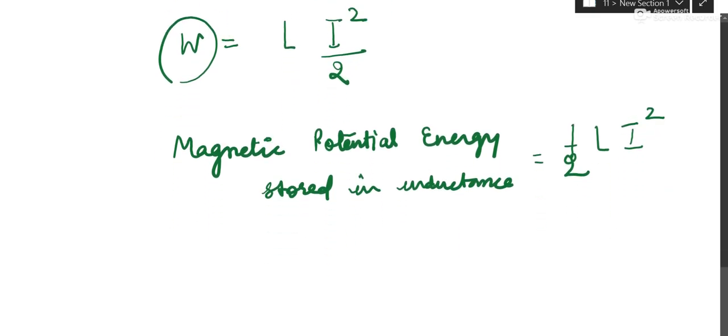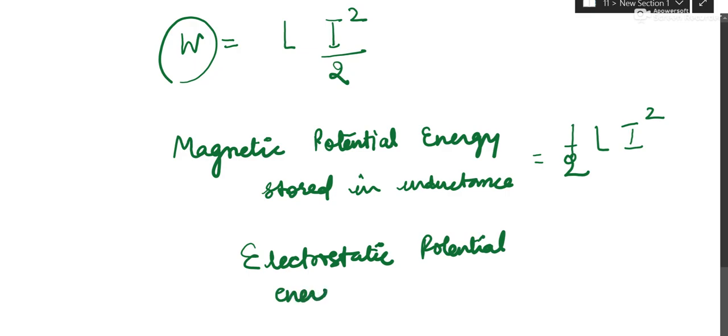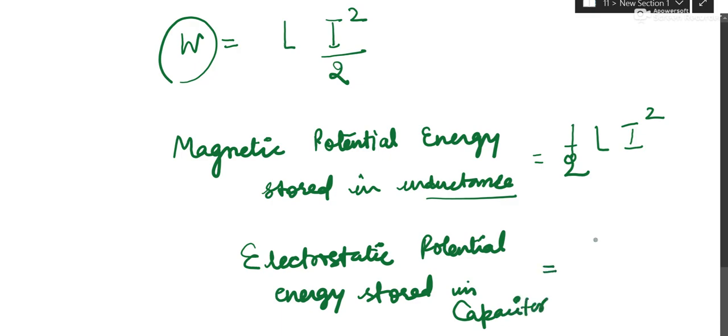And if you remember, what was the electrostatic potential energy stored in a capacitor in the chapter electrostatics? Here it is inductor, and this is capacitor. Try and recall, that was half C V square.